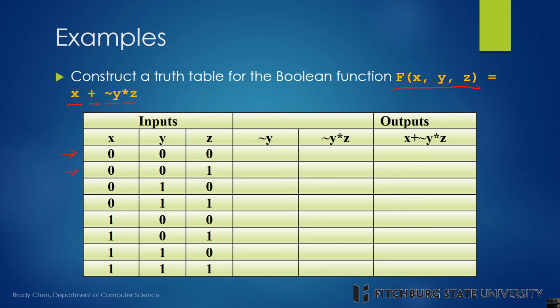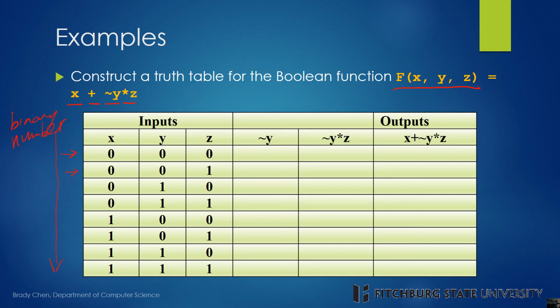Now, if you are familiar with binary numbers, you probably remember that with 3 binary digits, you can build the natural numbers from 0 all the way to 7.